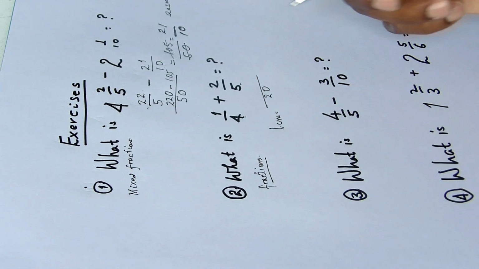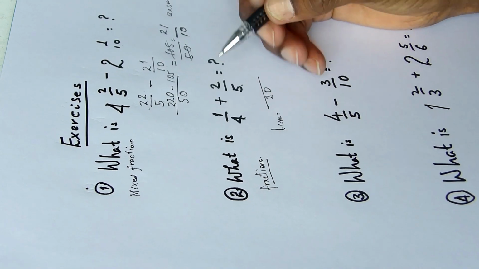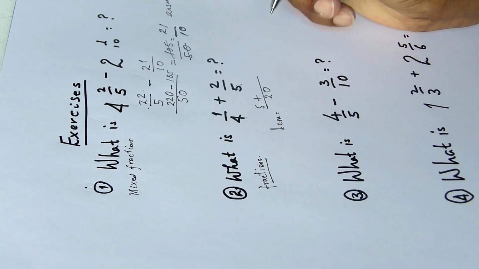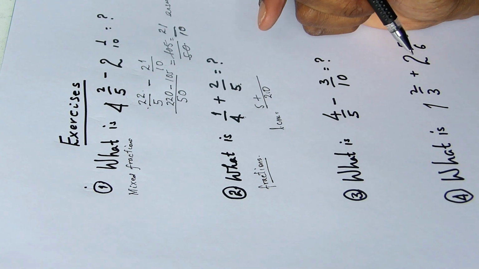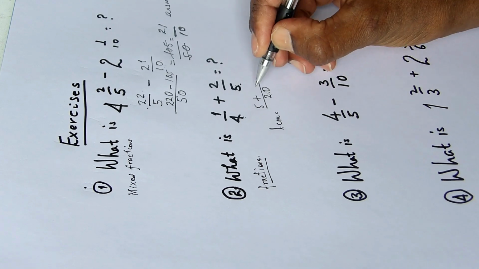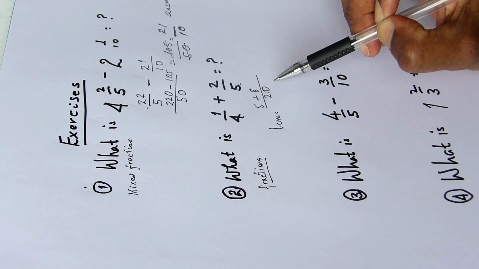When we multiply them, the number that we get will divide both denominators at the same time. 20 divided by 4 is 5 times. 5 times 1 is 5. 20 divided by 5 is 4. 4 times 2 is 8. Let me repeat.